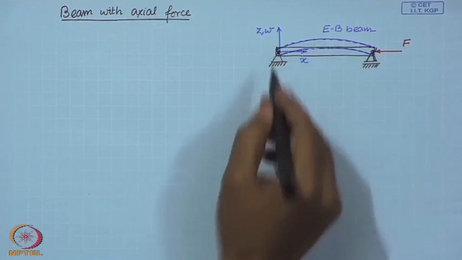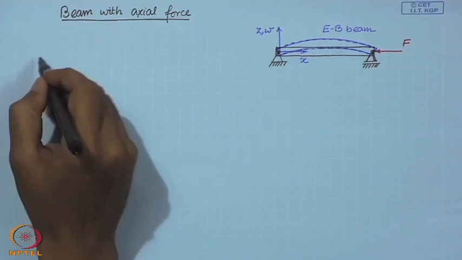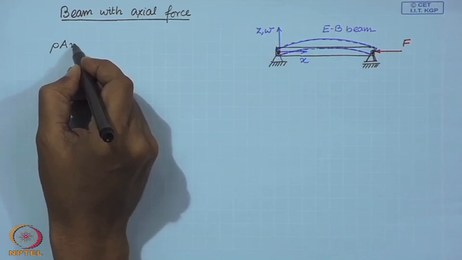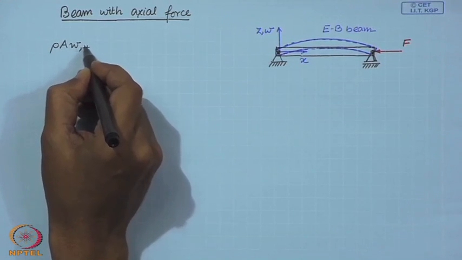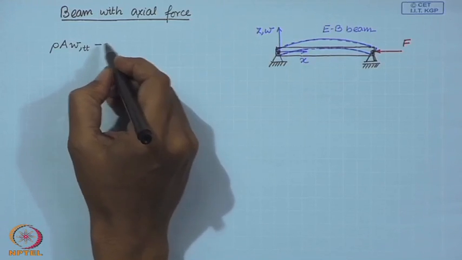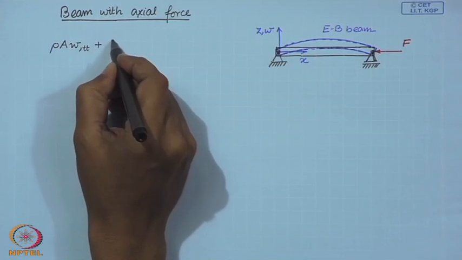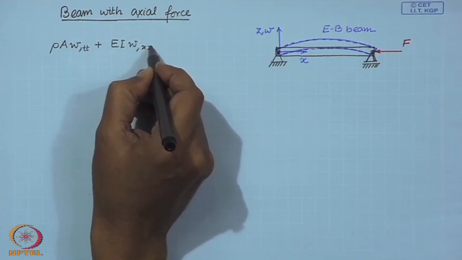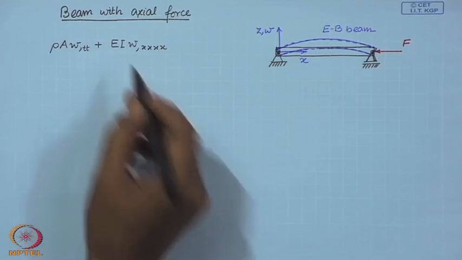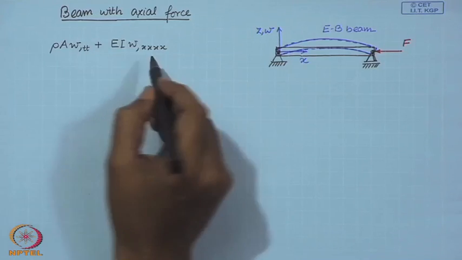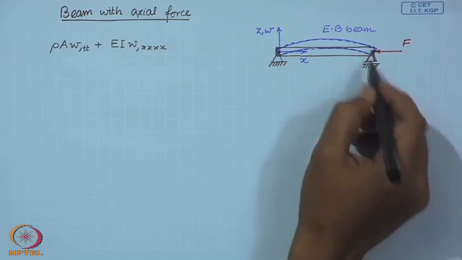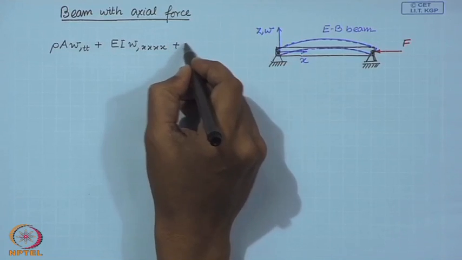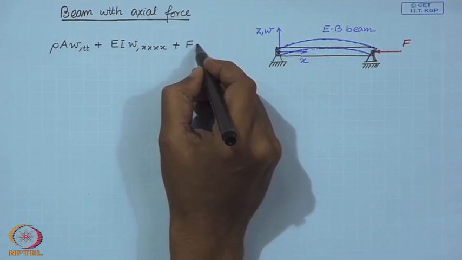So, the equation of motion for this beam with the axial force. These are the two terms for the Euler-Bernoulli beam, and in addition, because of this axial force, which is now compressive, we have this additional term.